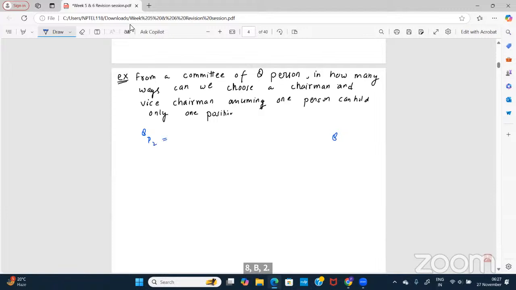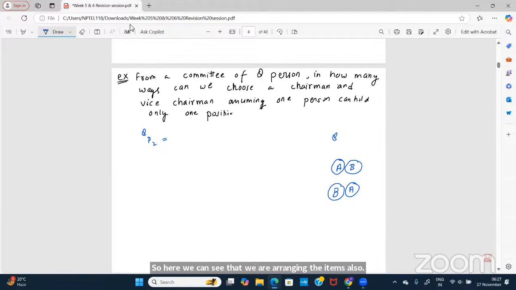So here we can see that order matters, right? Because if we are selecting two persons, suppose A and B, and we are making A chairman and B vice chairman, then it will be different from making B chairman and A vice chairman, right? So we are arranging the items also, so we will be using permutation here.